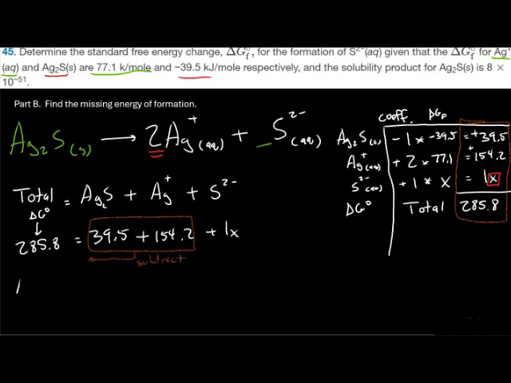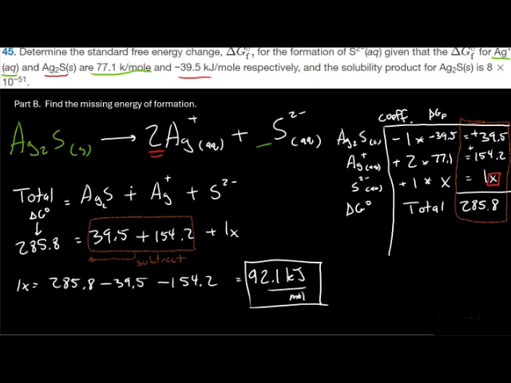This means our 1x is equal to 285.8, subtract 39.5, subtract 154.2. We'll enter this into a calculator, and we will get 92.1 kilojoules per mole. This will be our standard free energy of formation, or delta G standard F, of sulfide 2-.